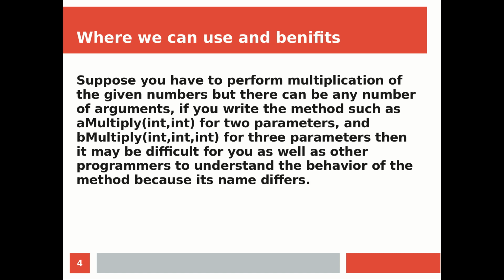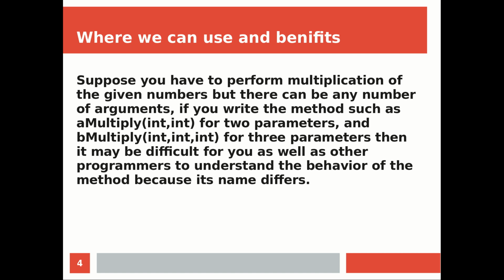Let's say a user gives you some input parameters, and as a programmer you want to return the multiplication of those numbers. If one user passes 2 input parameters and another user gives 3 input parameters, one programmer may declare 2 methods, a multiply and b multiply, and write the code a star b, and a star b star c, returning the multiplication of 2 numbers or of 3 numbers.